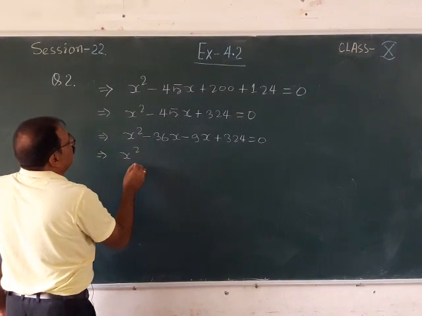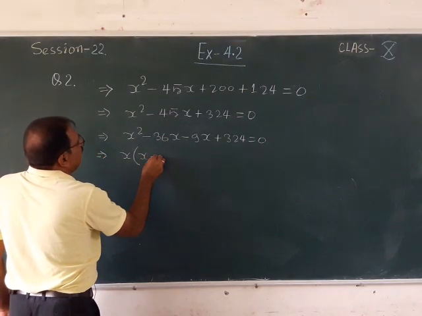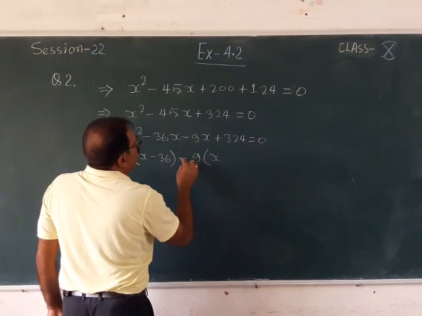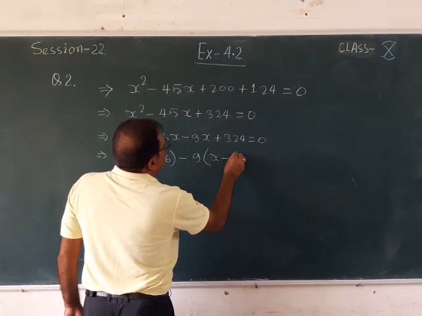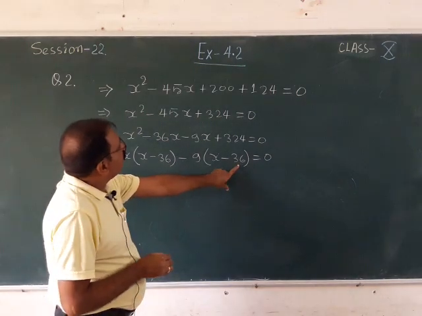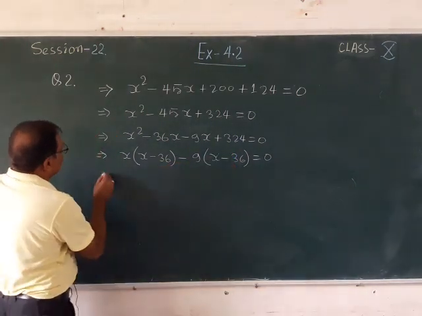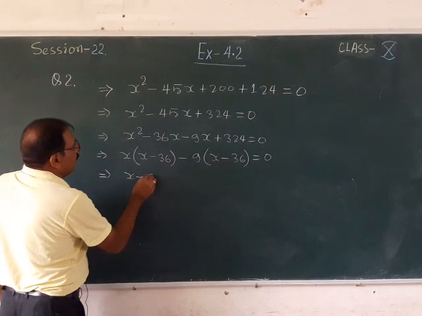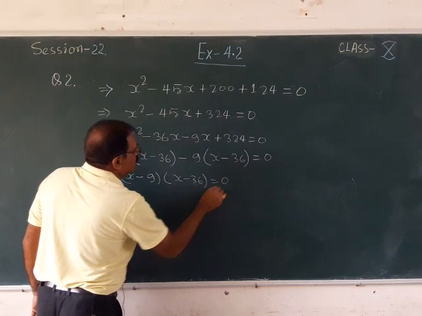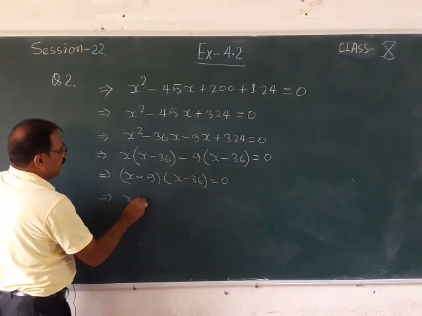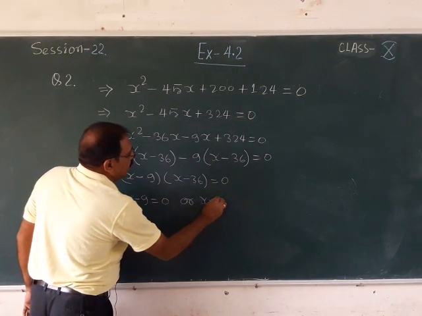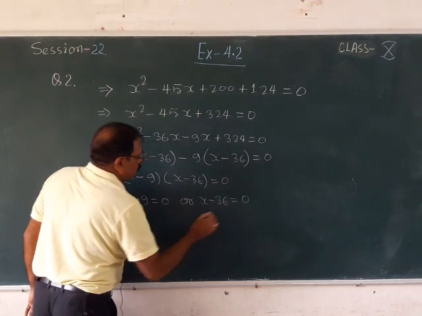Now x can be taken as common, so here x minus 36 is there, and if I take 9 as common, then x and here minus, then again here I will have 36, that is equal to 0. 9 into 36 is giving you 324. So further it can be written as x minus 9 and x minus 36 is equal to 0, so that x minus 9 equal to 0 or x minus 36 equal to 0.